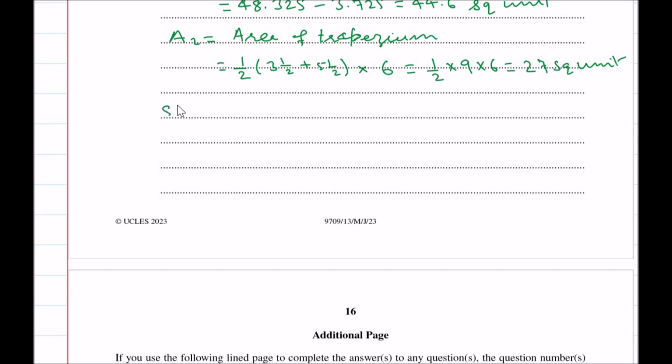So shaded area is equal to A1 minus A2, that is 44.6 minus 27, that is equal to 17.6 square units.